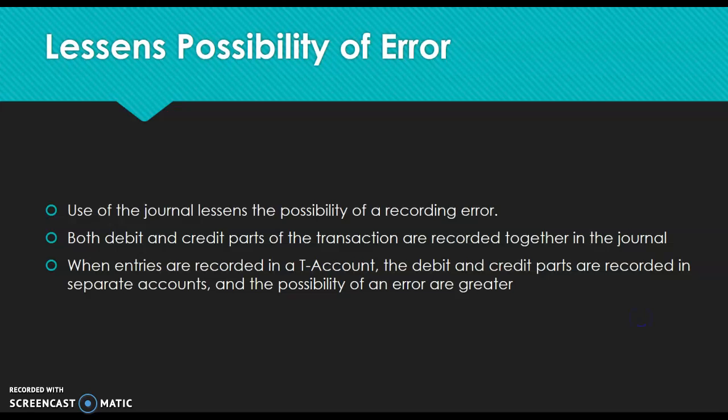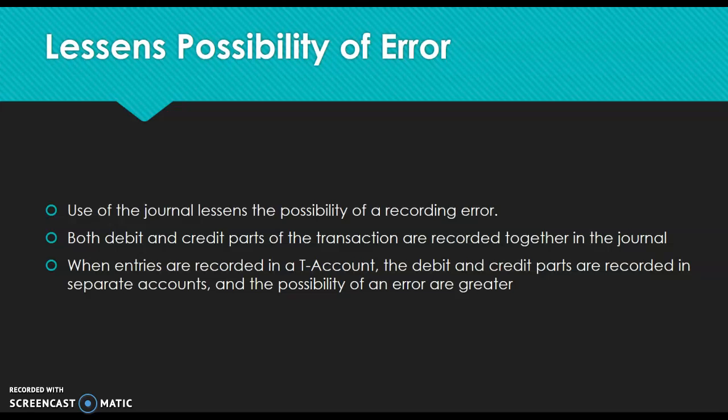A general journal also lessens the possibility of error. It lessens the possibility of a recording error because both the debit and credit parts of the transaction are recorded together in the journal.